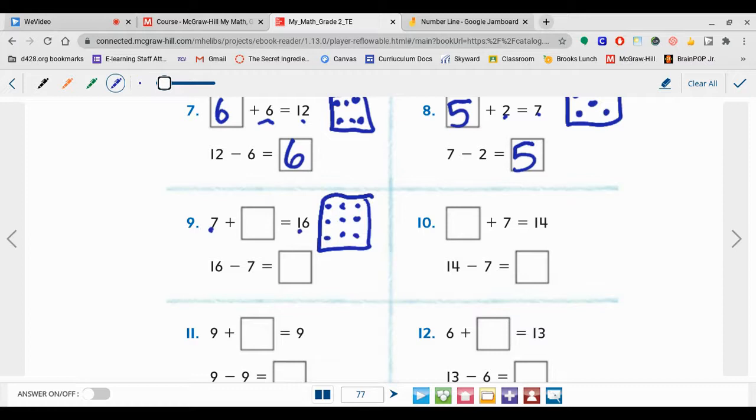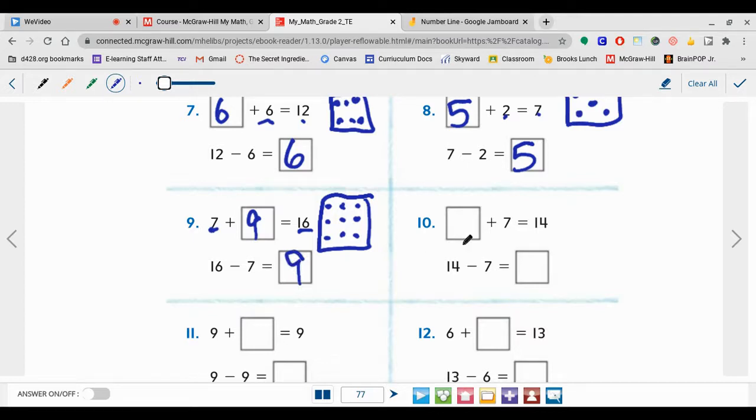There were a lot of dots in there. Let's count up how many we did. 1, 2, 3, 4, 5, 6, 7, 8, 9. So 7 plus 9 equals 16. 16 minus 7 is the same problem, just turned into a subtraction problem. We used our 16, we used our 7, which means that it equals 9.